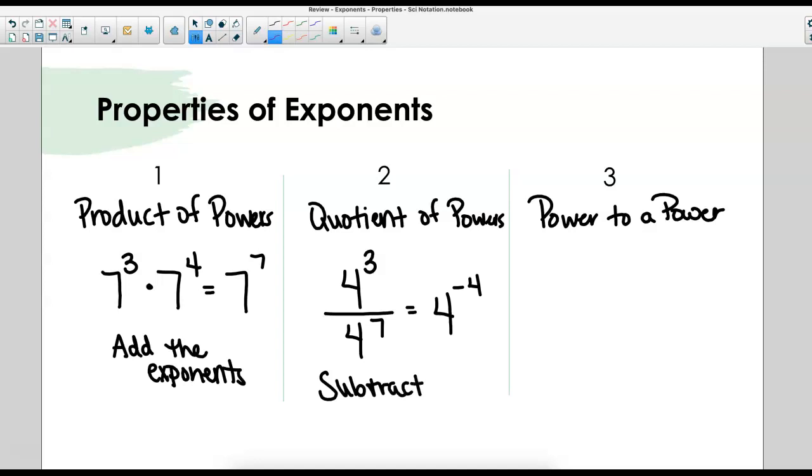Somebody remind me why it's negative this time? So remember, you're always subtracting the top one minus the bottom one. So 3 minus 7 ends up being -4. You're taking away more than you have. So far, so good?